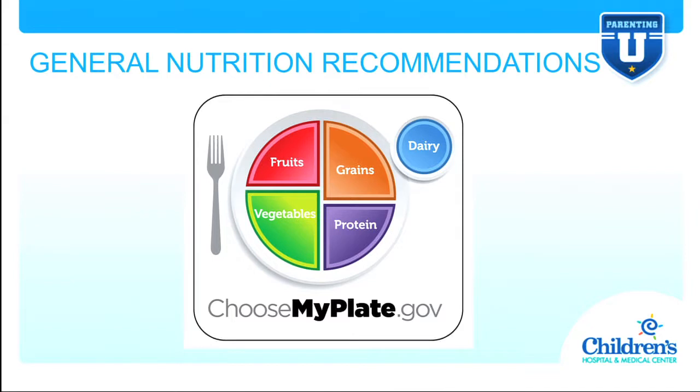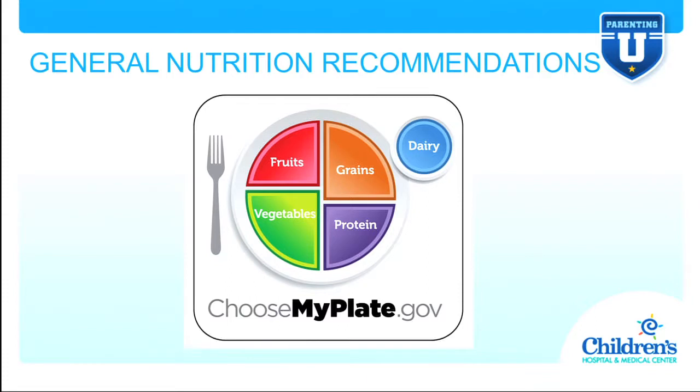I've learned a lot of tips along the way from various and different programs that I've been in myself, but I like this slide for kids because it is very visual. The kids can see that, yes, I should be eating mostly vegetables and mostly fruits, and the grains are your cereals, your starches, or your beans or legumes.